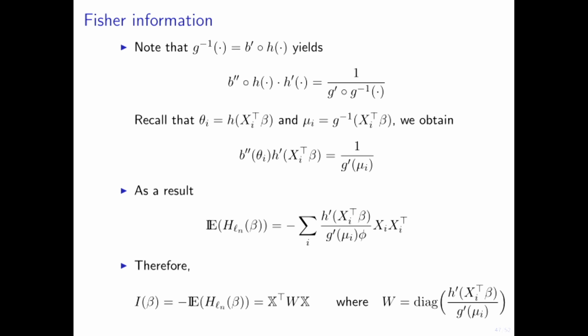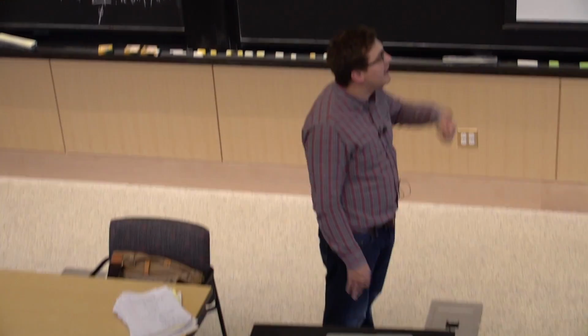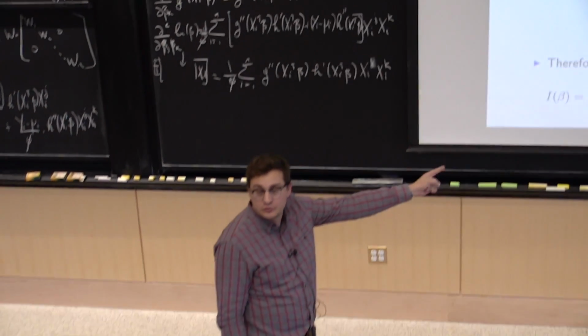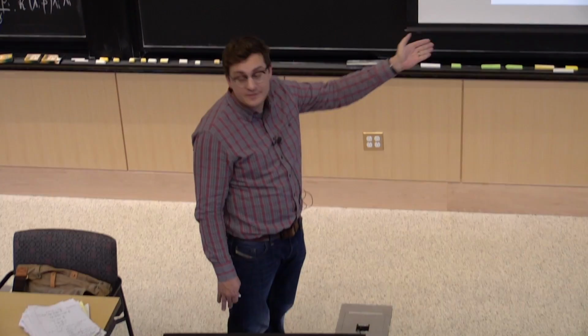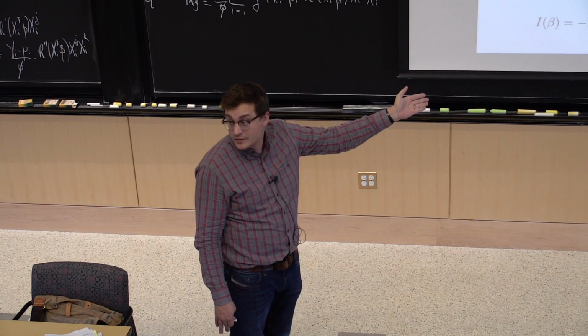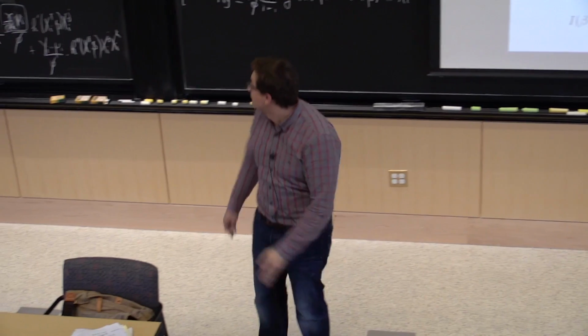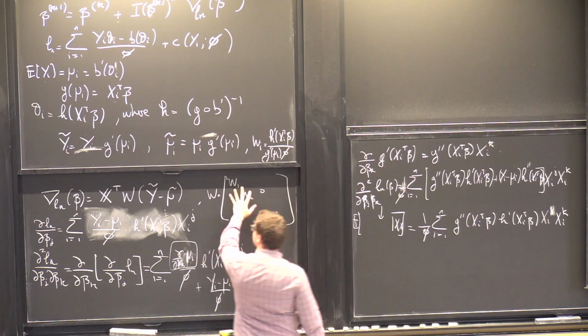So I need to have my xi show up with some weight somehow, and the weight should involve h prime divided by g prime. The reason why I want to see g prime coming back is because I had g prime in the original W. This is actually the same definition as the W's that I used when I was computing the gradient. Those are exactly these W's.